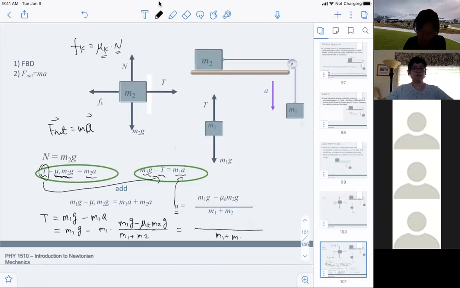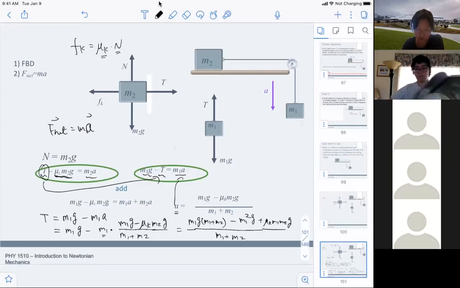For the first term, if you multiply M1 g by M1 plus M2, it becomes M1 g (M1 plus M2), and then you have the second term here, M1 squared g plus mu k M1 M2 g. Don't worry too much about the algebra I'm doing. You can always verify it later.